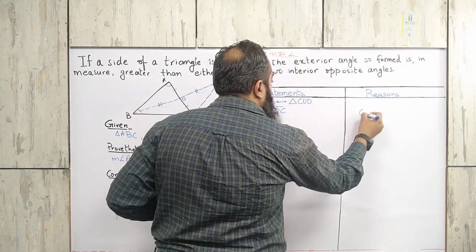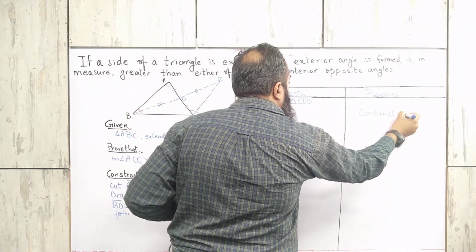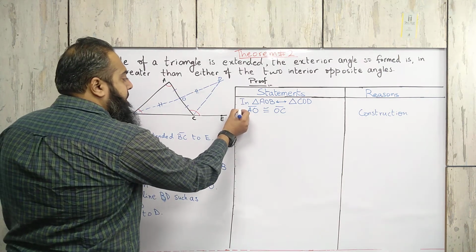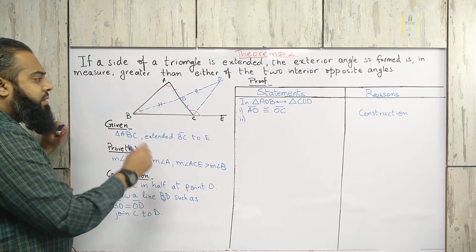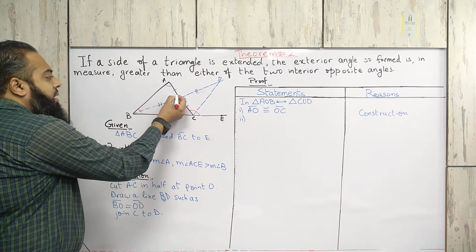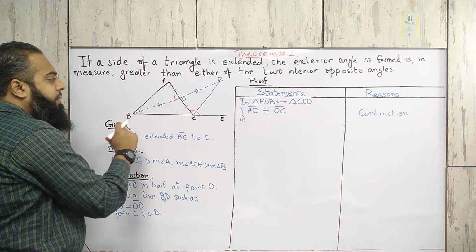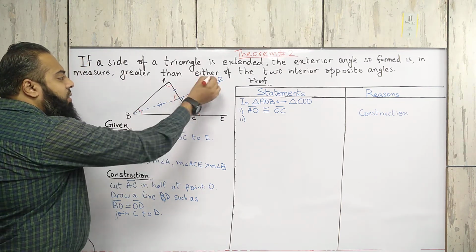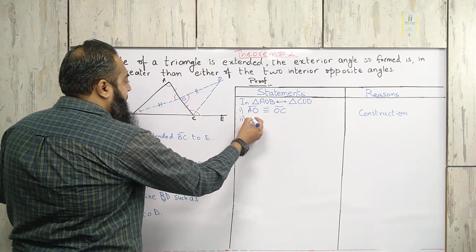So it is in the construction. Okay? And then what do we have over here? Angle AOB and angle COD. These two angles will be congruent. How?